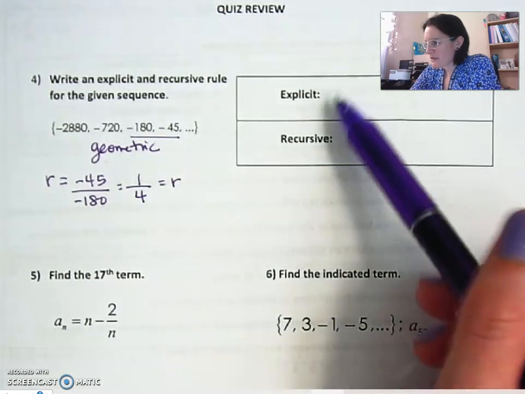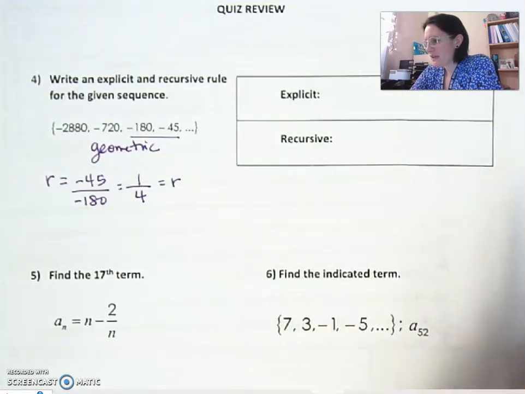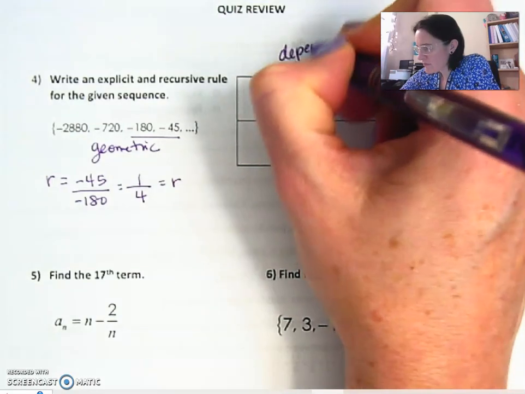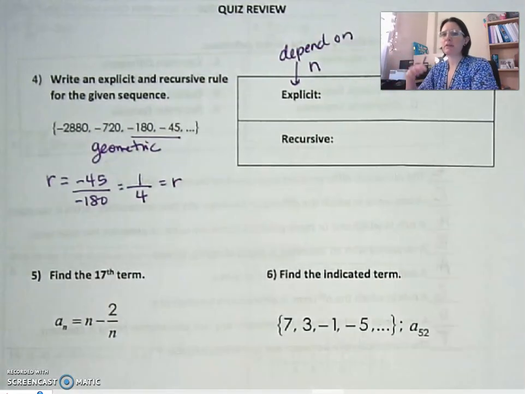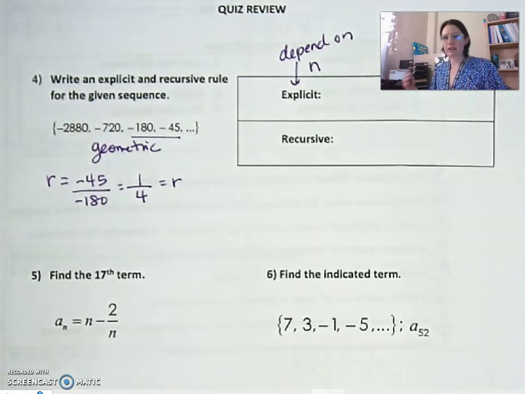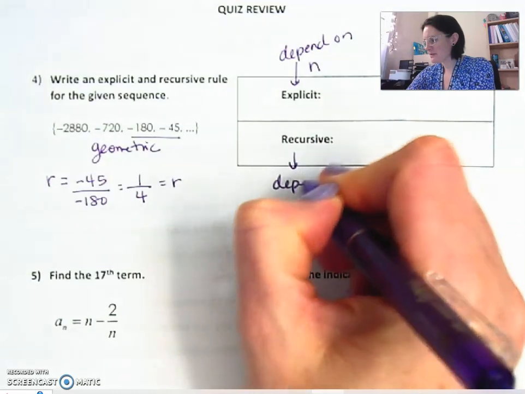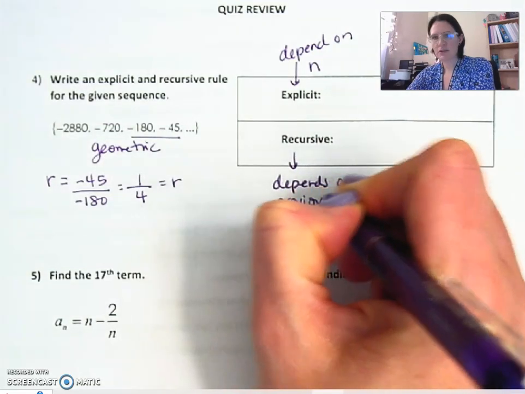So now it's asking me to write an explicit formula and a recursive one. Explicit formulas depend on n, which is the term number. So you'll be plugging in 1 or 2 or 3 to get your answer. Recursive depends on previous terms.